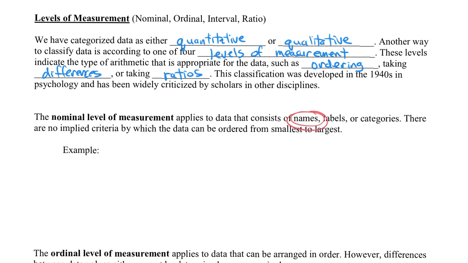So an example would be eye color. You can't really rank eye color. You could categorize eye color just by a name, right? Brown eyes, green eyes, blue eyes, something like that. It would never make sense to think of what's the average eye color, because how could you add up eye colors and divide by how many there are?